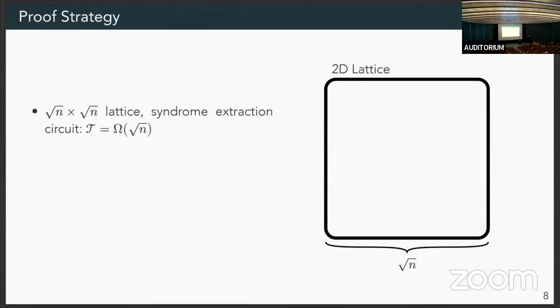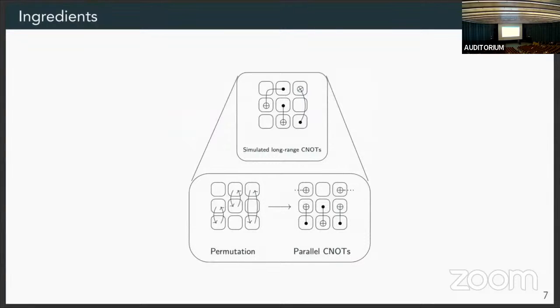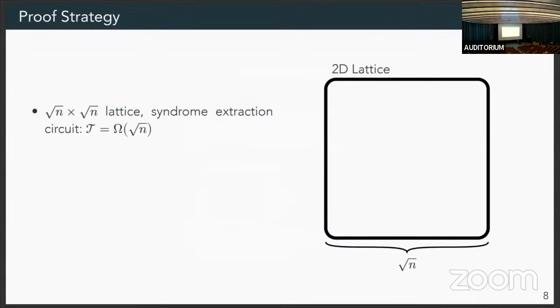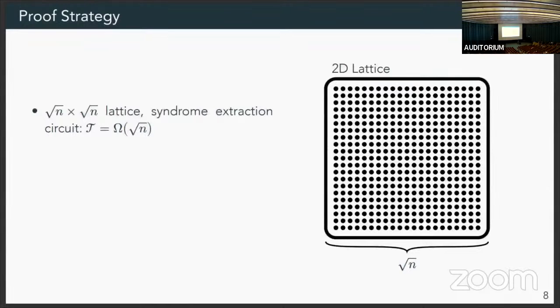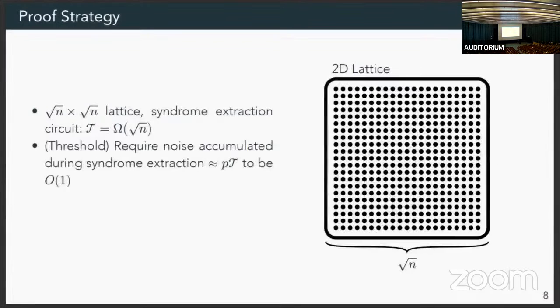I'll construct this circuit later, but in particular, what's going to go wrong is that the depth is going to be quite large. So we have our square root n by square root n lattice, and we populate it with a bunch of qubits. Whenever we do the swapping, if we saturate the BPT bound, we're going to have this polynomial depth circuit.